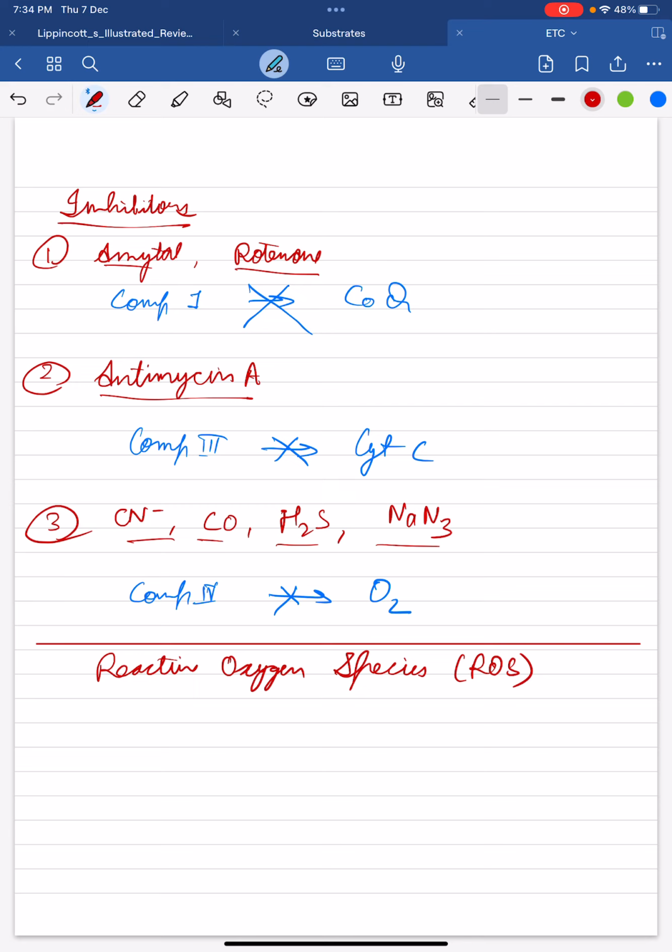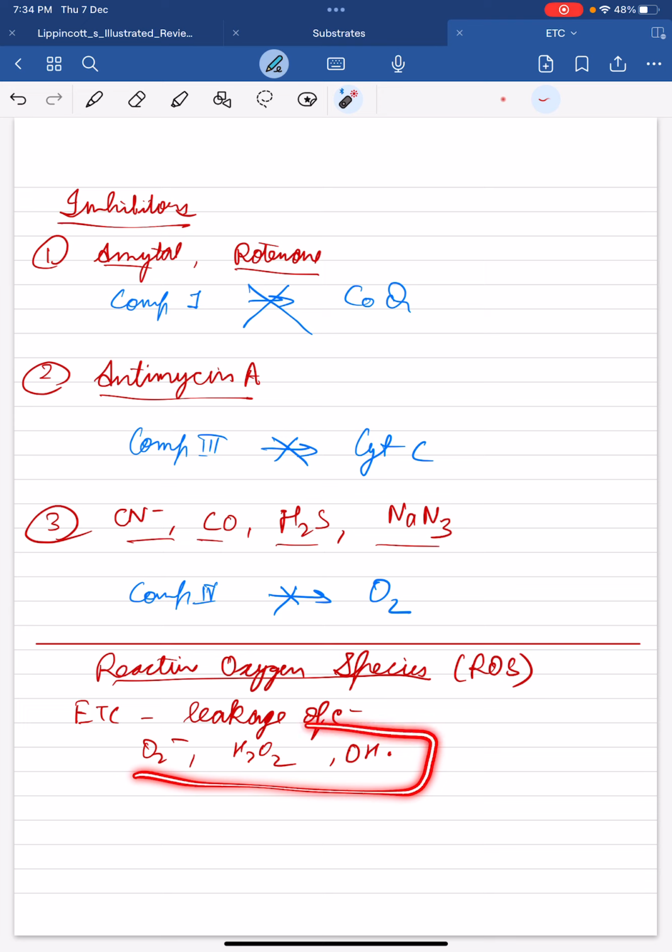So what happens is, if anywhere during the ETC there is leakage of electrons, the oxygen is not fully reduced to water and it forms compounds like superoxide, hydrogen peroxide, or hydroxyl radicals.